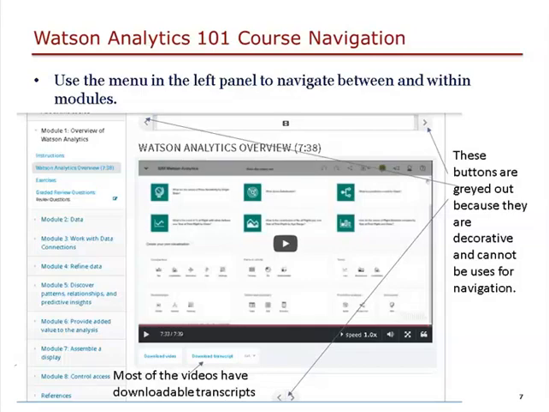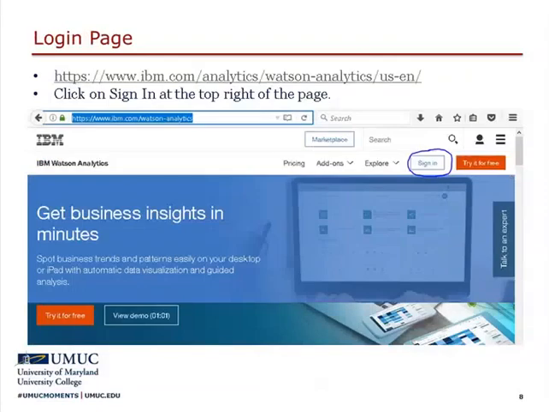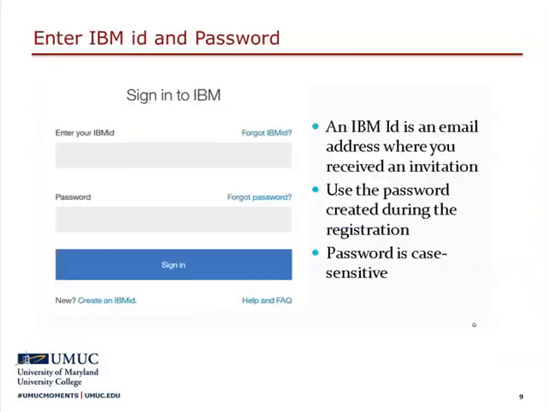Okay. Now, this is a web page that you may want to bookmark, because after you accept an invitation, that's the page you want to use to log in going forward. So just go ahead and add this bookmark to your browser if it helps. Then when you navigate to this page, you need to click on sign in, and you'll be redirected to the login prompt, and you put in your IBM ID and password.